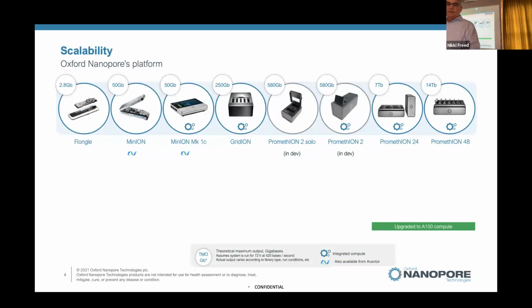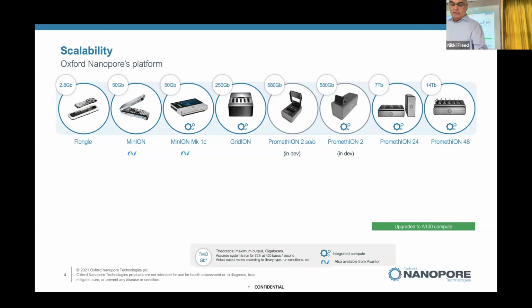Nikki's already put up the family of hardware we've got to run those 3 types of flow cell. The difference between those different boxes is there are 2 differences: the number of flow cells you can run simultaneously and the amount of built-in GPU power. And that's essentially the only difference.